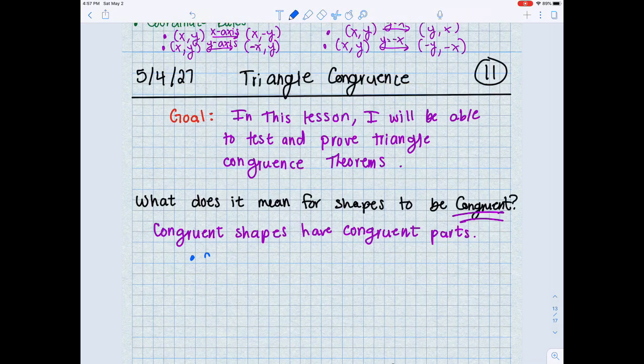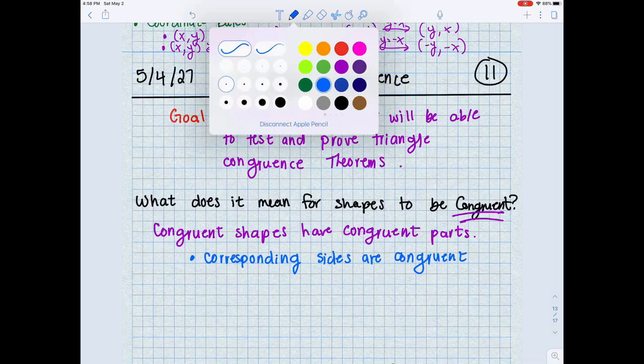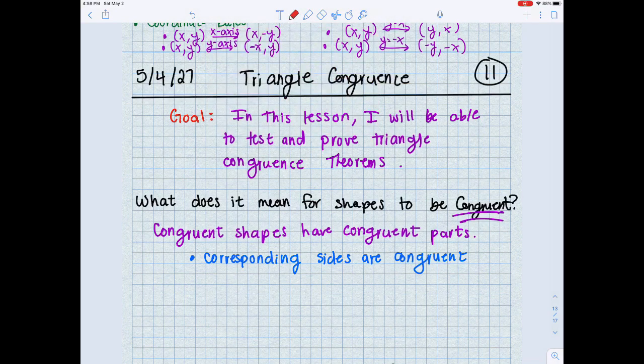I'll put bullet points here. The corresponding, this is an important word, the corresponding sides are congruent. And we'll take a look at what that means in a second. So there's the first part.